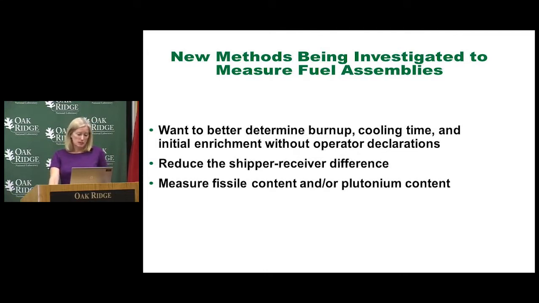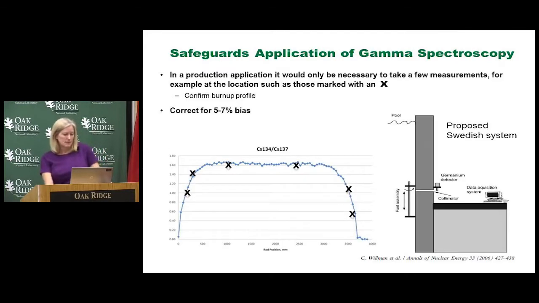And what we want to do is we want to be able to better and more accurately determine the burnup, cooling time, and initial enrichment without operator declarations. And also, in addition, reduce the shipper-receiver difference. And also measure fissile content or plutonium content. And that gets more and more complicated.